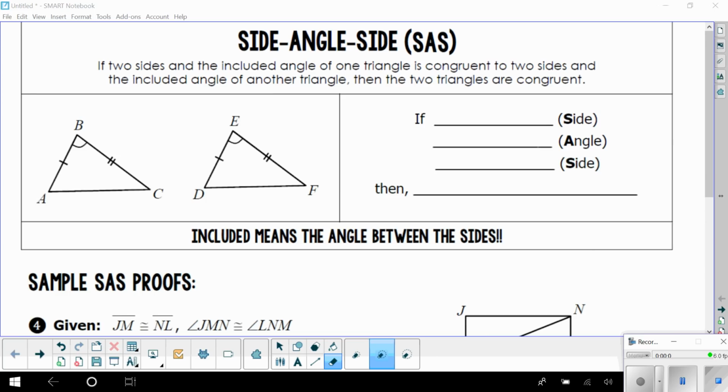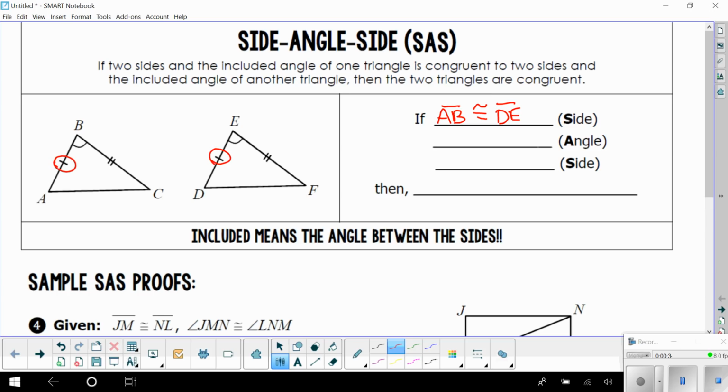Okay, so 2 days ago, we started the reference page, if you look at it, with all of the side, angle, side, so forth. We didn't get to this 2 days ago, so you have to first start off with knowing that the angle right here is in between the two sides. Starting with this one, segment AB is congruent to segment DE.